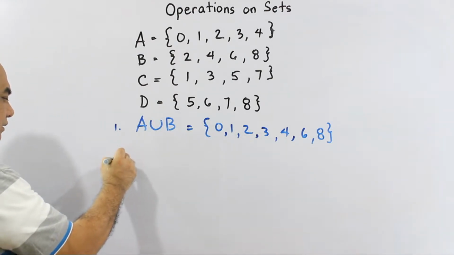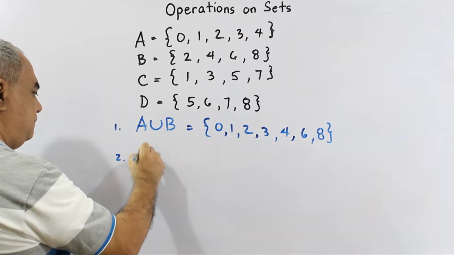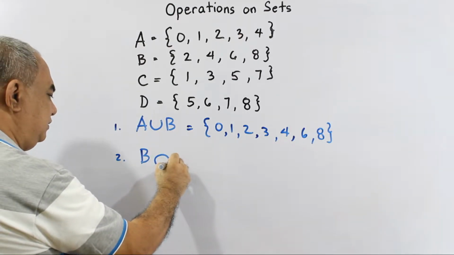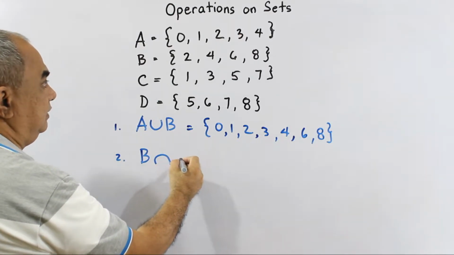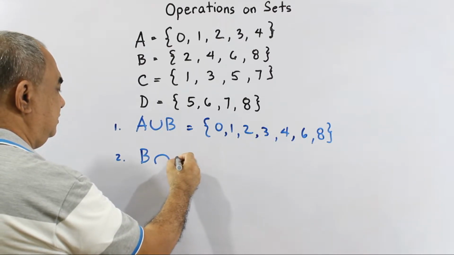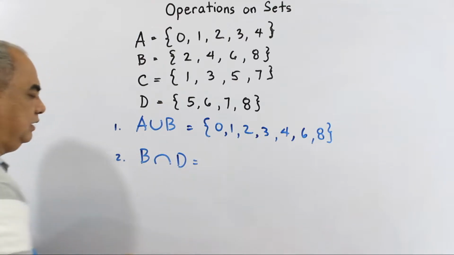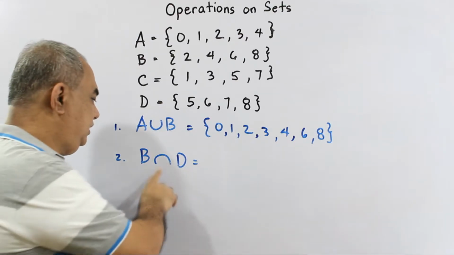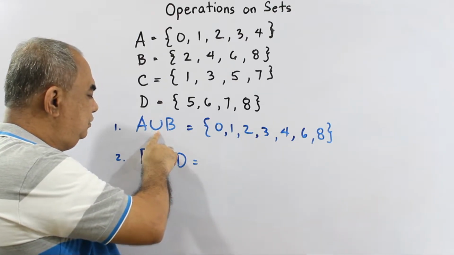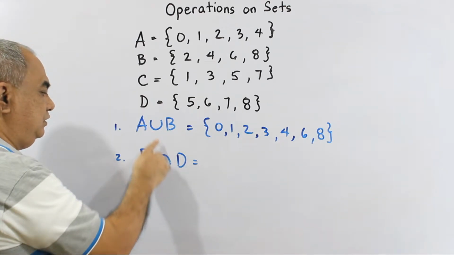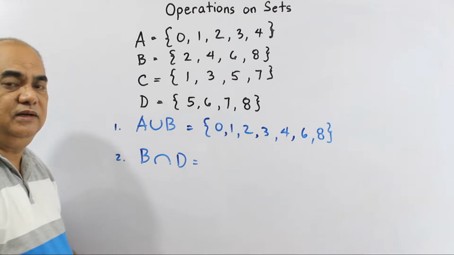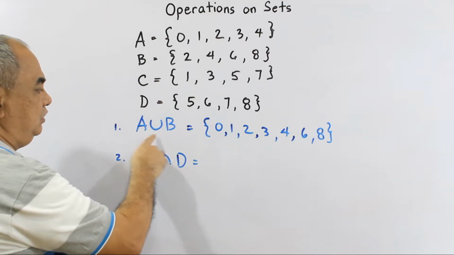Let's have another one. What about number 2? Set B intersect with, let's say, set D. This time, the symbol is the inverted U, or the inverted union sign, which means it's the opposite of the union.